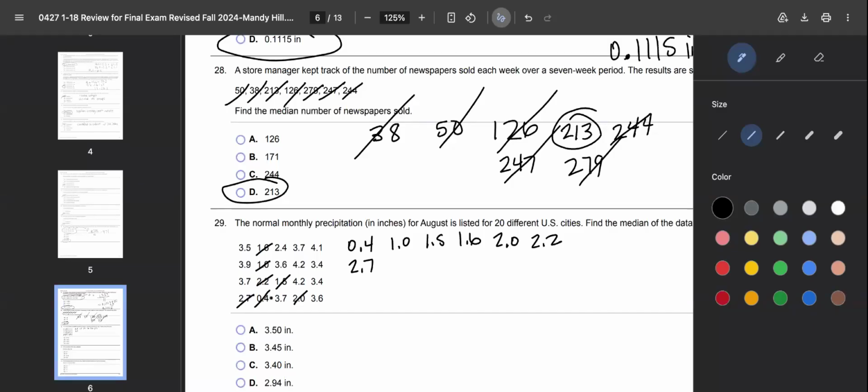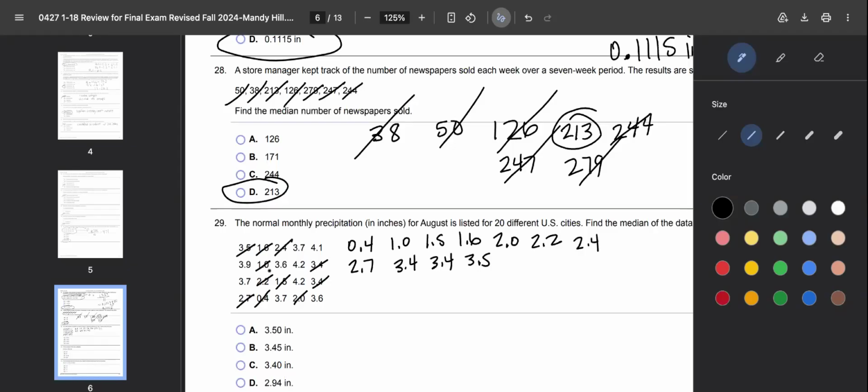I see 3.7s. I see two 3.4s. Okay, so I see 3.4, 3.4, 3.5. Did I miss that 2.42? Yes, I did.